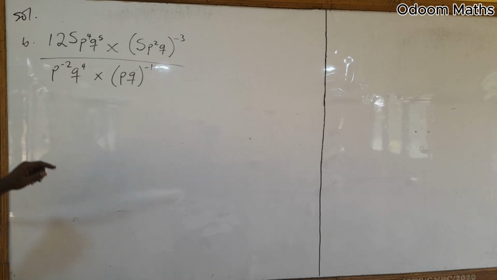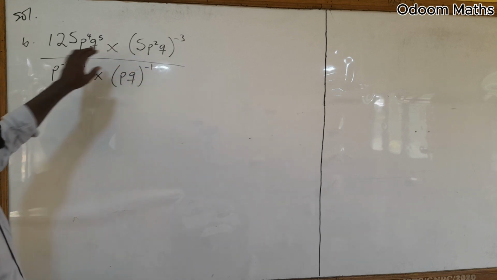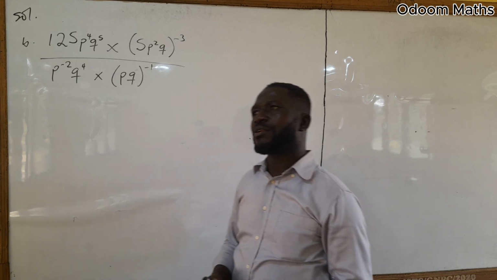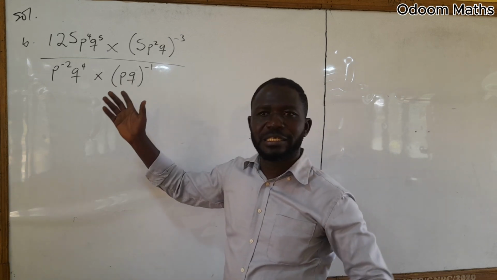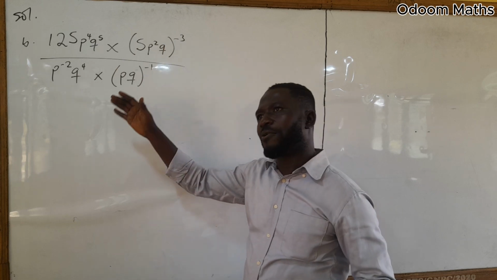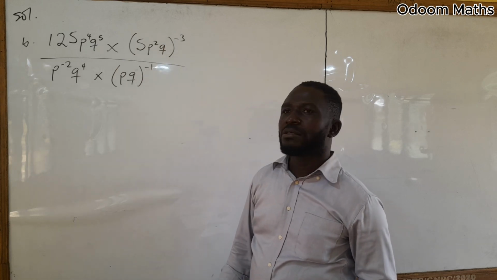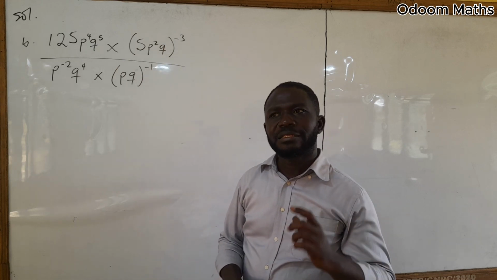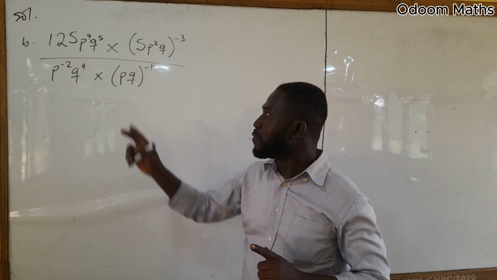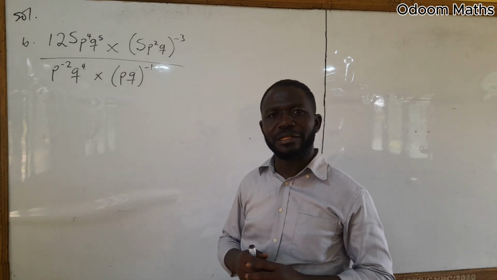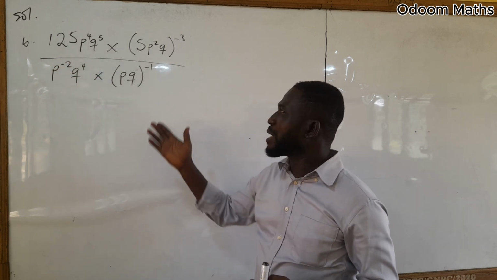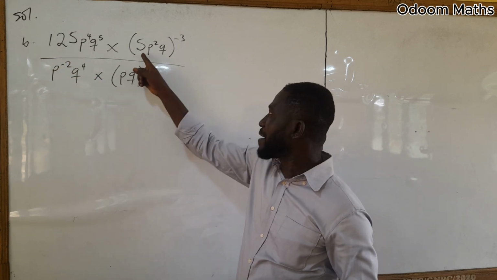Because of this 5, when we are working in indices and we have numbers that are more than 4 or 5, to reduce that number, think of getting a prime number with a certain power that will give you the original number itself. For example, this is 125. The only prime number we can think of is 5. And we have 5 already here.